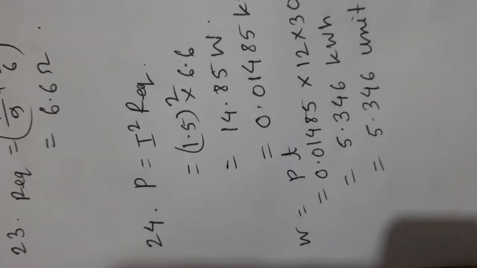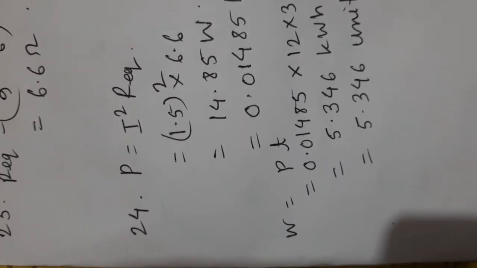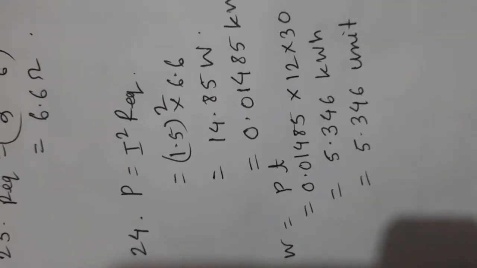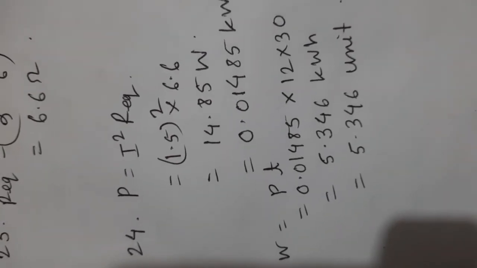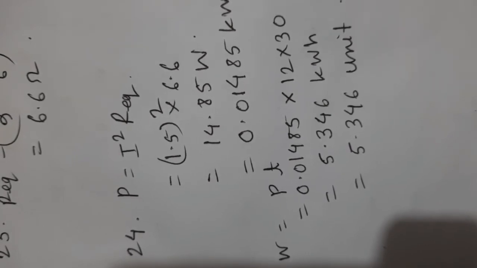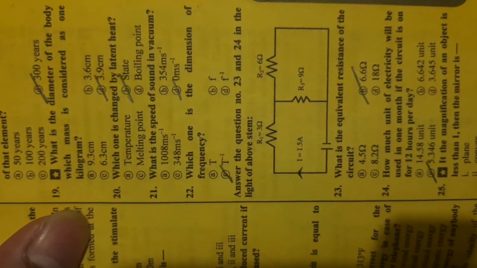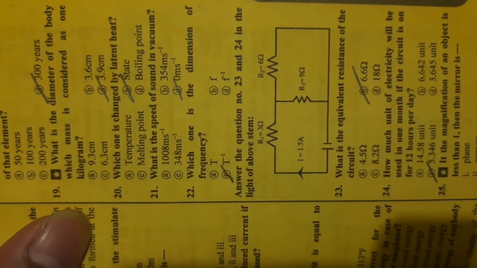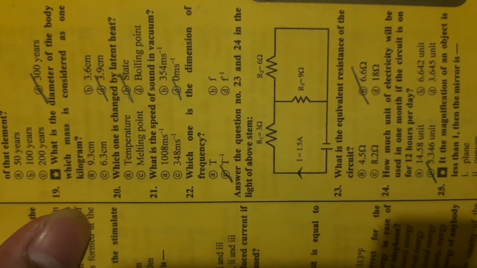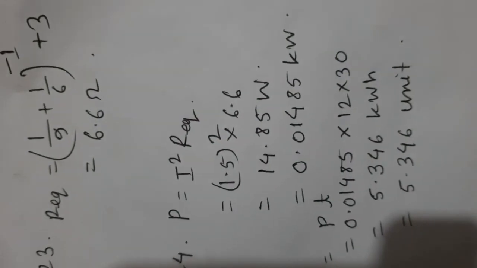Okay. So the electrical energy used is W equals P into T. Here T will be in hour unit. The question is how many units of electricity will be used in 1 month if the circuit is on for 12 hours per day.